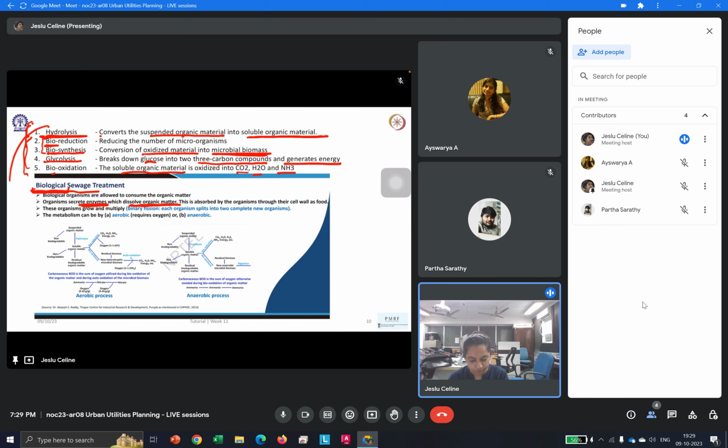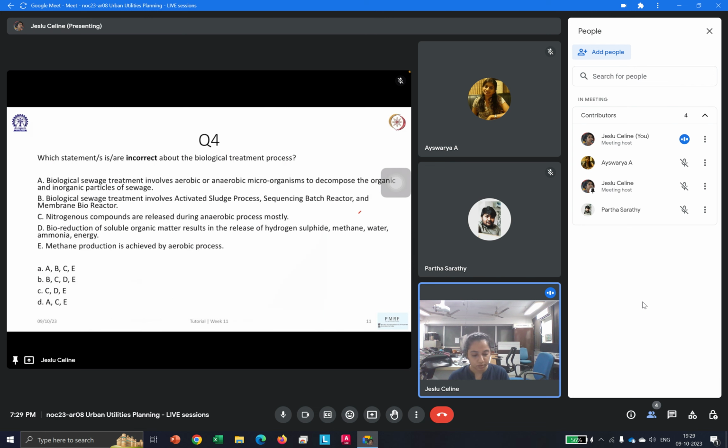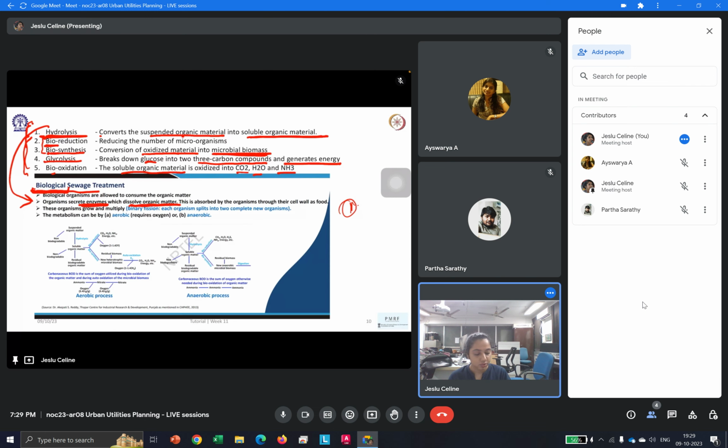So this is the first one, where enzymes are produced, and these enzymes dissolve the organic matter. After it is dissolved, when it becomes soluble organic matter, then it can be consumed by these organisms. So this process, as we saw over here, is hydrolysis.